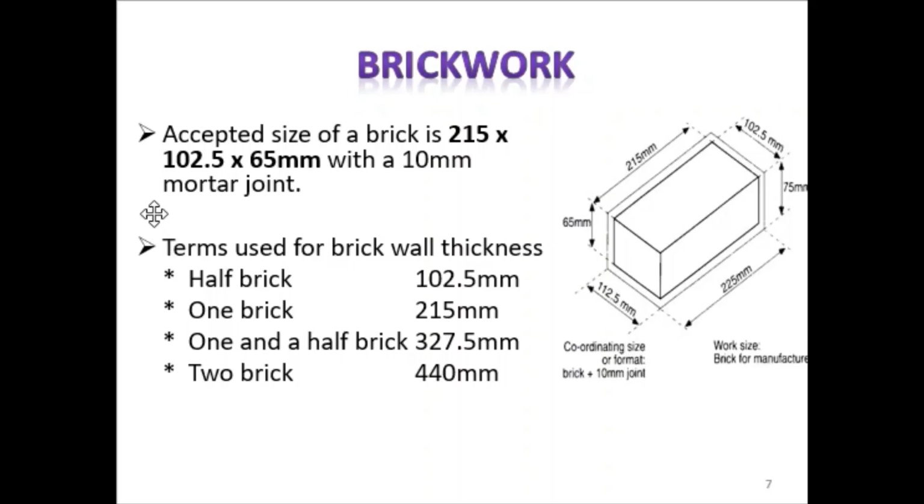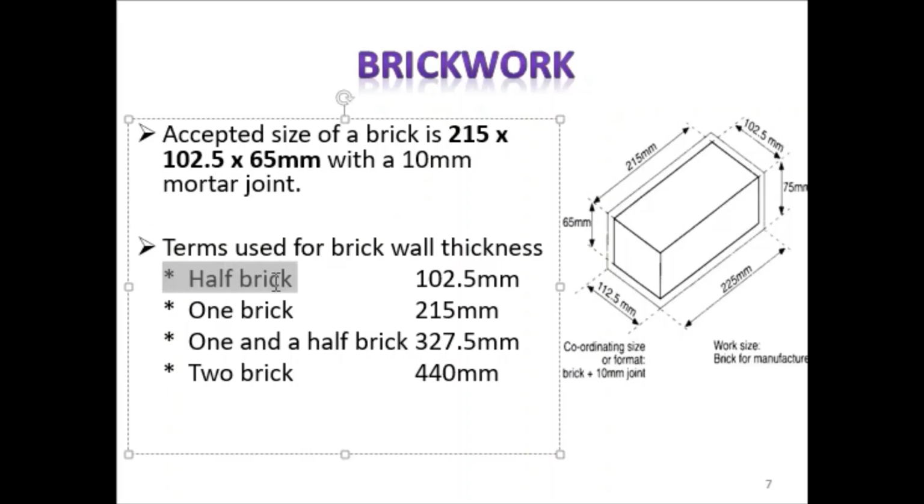Previously, you saw in tutorial 3 under foundation, I used this term for the brick. I call it half brick without giving you the dimension. So actually, it has a standard size for each of these names. When I say half brick, the thickness should be 102.5.